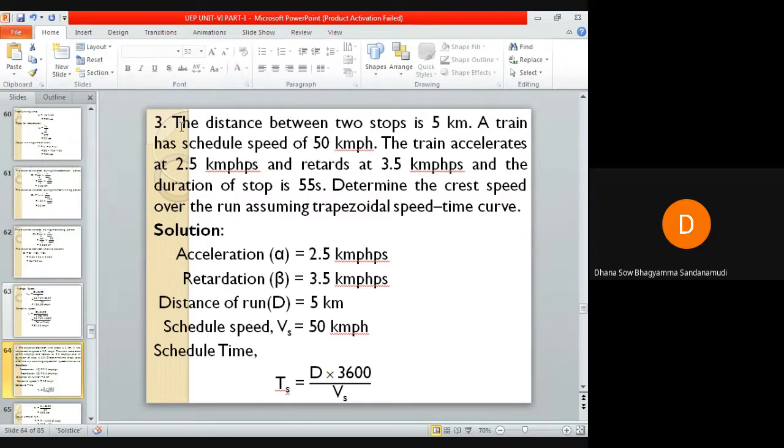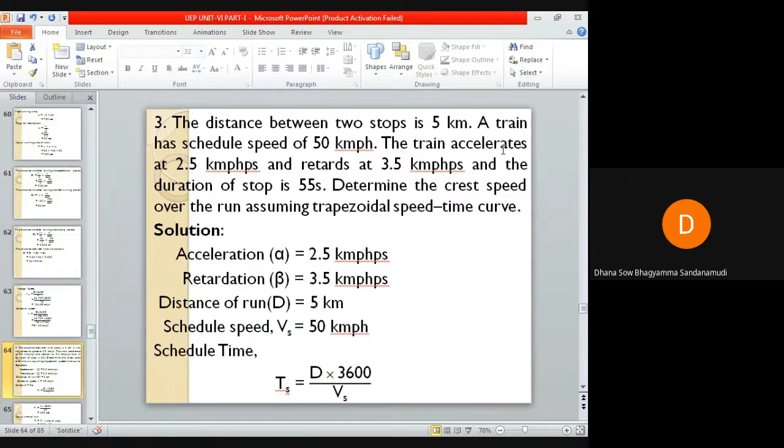So the distance between two stops is given, that is 5 kilometers. Capital D is 5 kilometers. Train has a scheduled speed. Scheduled speed is given, Vs. If you don't like this notation, you can use your own notation for the scheduled speed. So I'm assuming it as Vs. Vs is equal to 50 kilometers per hour.